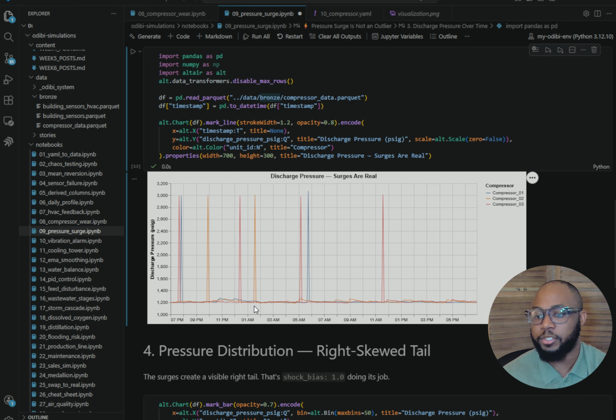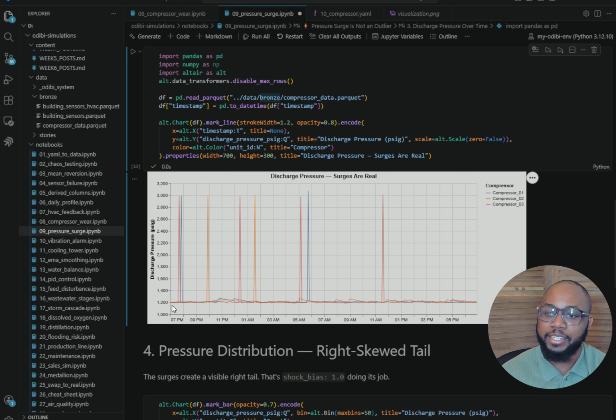The first one is our actual shock that we set, which, like I said, spikes from our baseline of 1200 and goes up to 1250, then comes back down. And that's always going upwards, and those are real process transients.